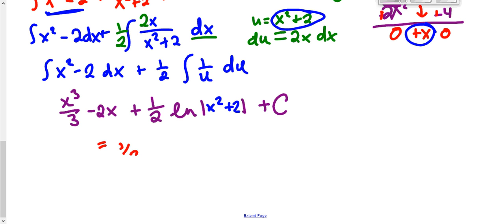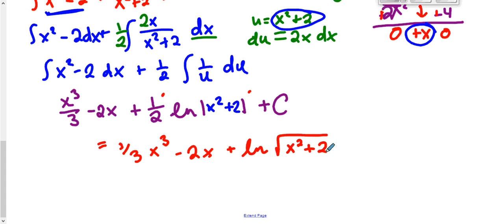We could write it as 1/3 x cubed minus 2x. This can be a square root, and we can get rid of the absolute values because x squared plus 2 will always be positive, so we could write plus the ln of the square root of x squared plus 2, and then don't forget your plus c. Again, these two on the end, either one of those is fine for your final answer.